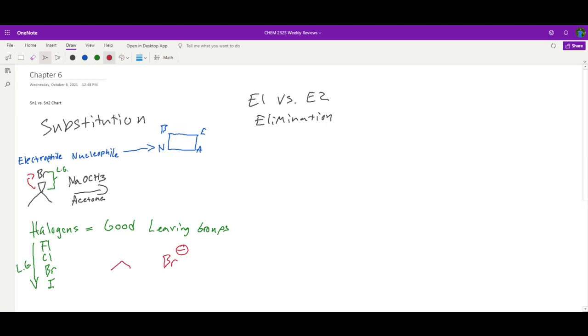If I have a negative charge on my bromine, the rest of my electrophile will have a positive charge. That is why this is called my electrophile, because it needs electrons. It's going to love electrons, okay?